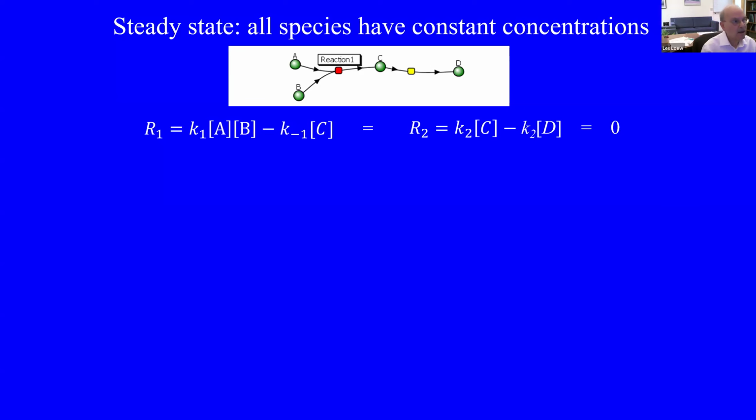Now, let's say that some of these reactions are reversible. So as C builds up, it can dissociate back to A and B. So there's going to be a reverse rate constant.